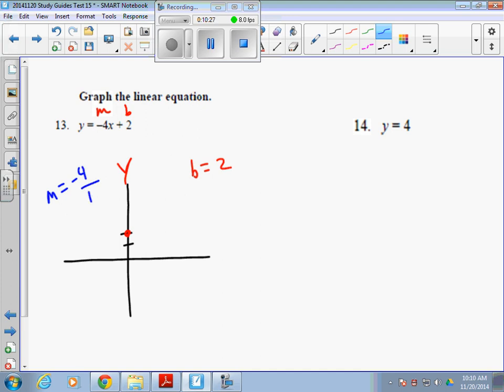So in order to make that slope a fraction, put it over 1. Negative 4 over 1 tells you to go down 4. 1, 2, we need to make 2 more marks, 3, 4, and go to the right 1 time. So down 2, 3, 4, to the right 1 time is a second point. Once you have 2 points, you can draw your graph through both of them.